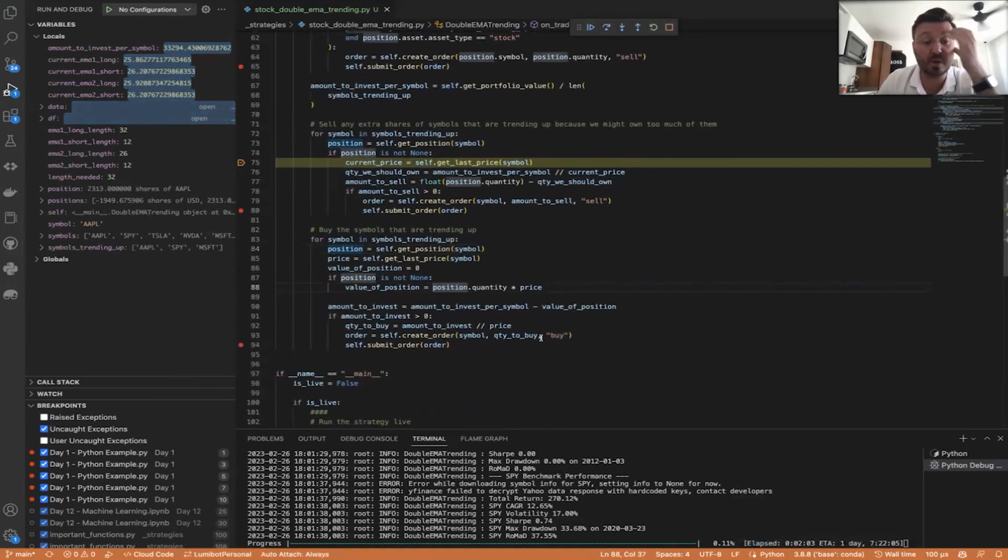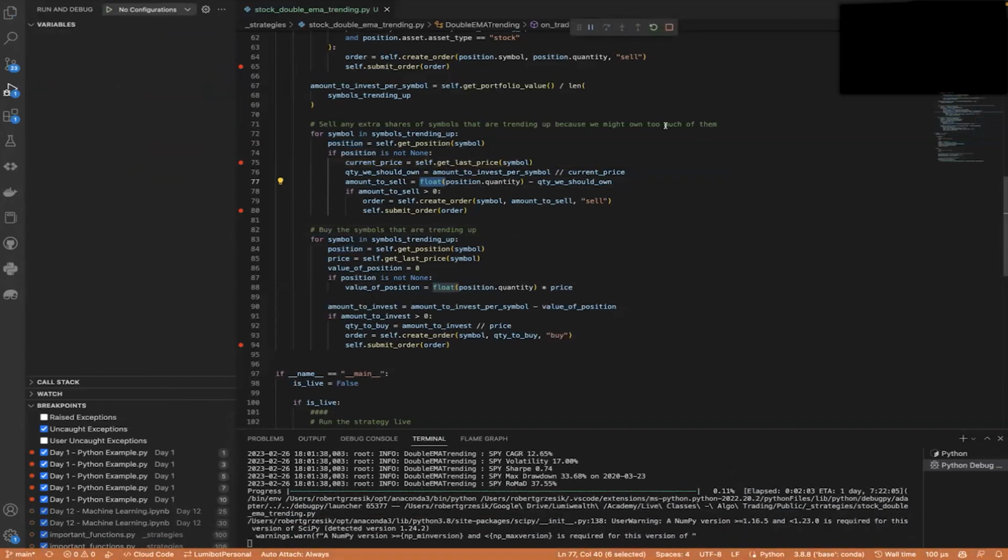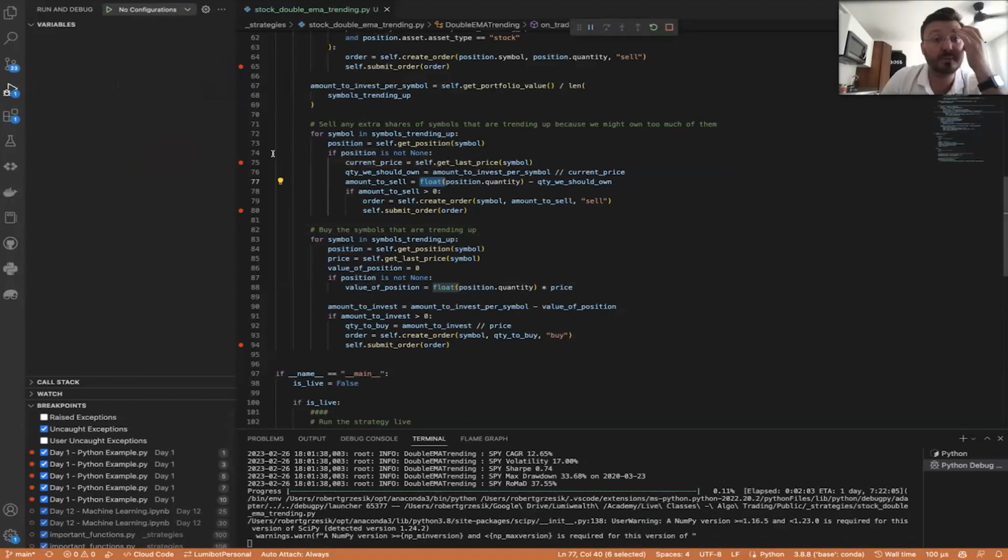Because position.quantity comes back as a decimal number, and the reason why is because crypto can have a large amount of decimal places, so we needed to use a different type, but we can just cast it. This is what we call typecasting, where we're going to take something that's a decimal, and turn it into a float. Right, so that way we can do all of our math. We'll run through this again.